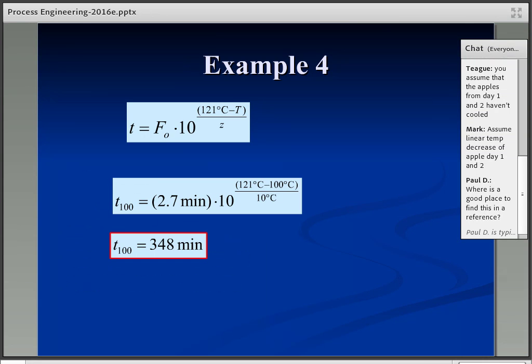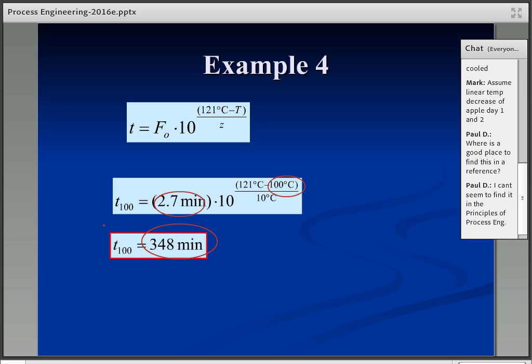Plug them in to the equation, the 2.7 minutes, and the new temperature of 100 degrees C, and we get that thermal death time at 100 degrees C is 348 minutes. Very long process, because that's getting very, very low for a processing temperature, so it takes a very long time if you reduce your temperature that low.